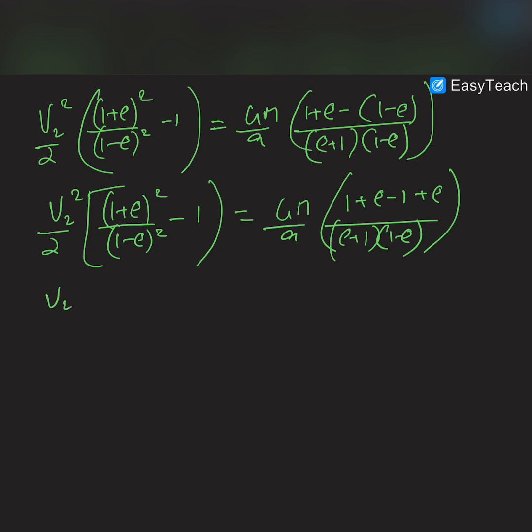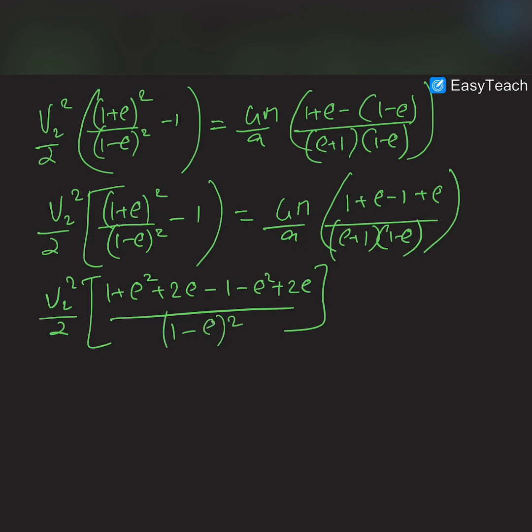So taking LCM, v2 square by 2 into 1 plus e square plus 2e minus 1 minus e square plus 2e, divided by 1 minus e whole square, is equal to GM by a into 2e by 1 plus e multiplied by 1 minus e.